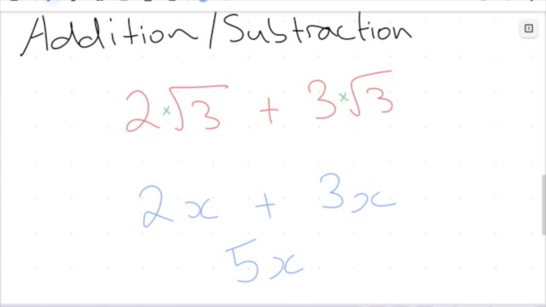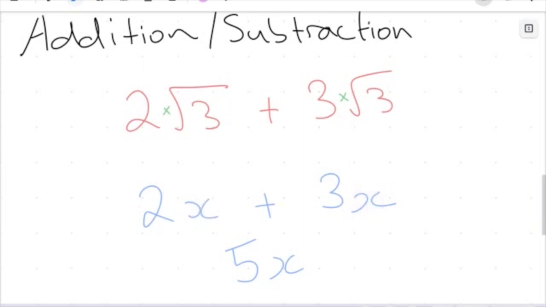We can do the exact same thing with surds. Because think about it, algebra tells us that if we have any pairs of numbers multiplying by the same pronumeral or the same number, because remember, x is just representative of any number. If I have 2 lots of one number, I add it to 3 lots of another number, algebra tells us I will get 5 lots of that number.